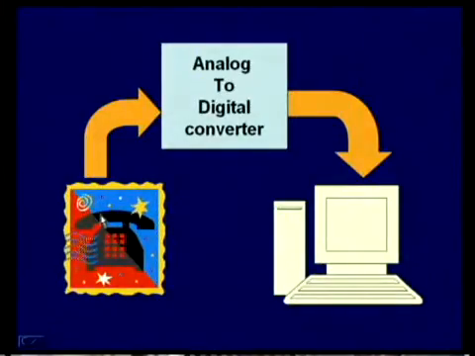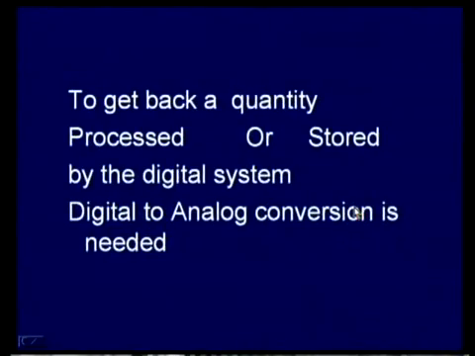So, here in this example you can find that this telephone line contains analog signals. Those signals are converted into the digital form by using this analog to digital converter. Those digital signals will be processed by this digital computer. Then why is a digital to analog conversion required? Once the computer performs the required process on the values, the user requires the processed values.